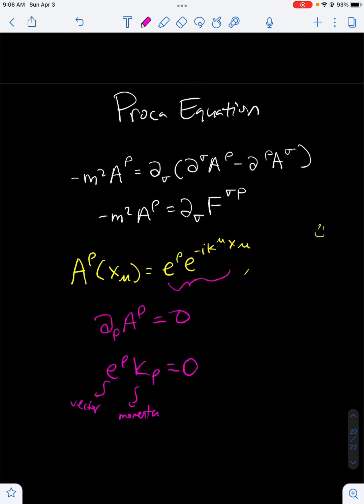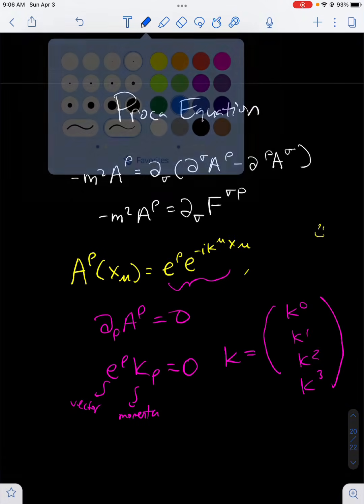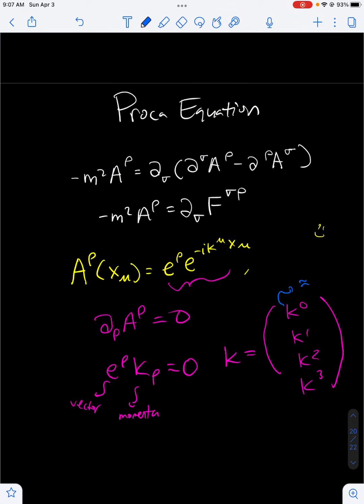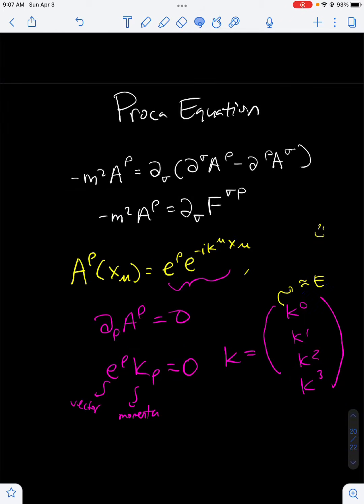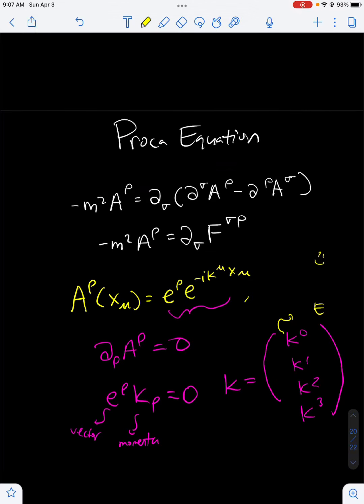So if we can recall, k is just the 4 momentum vector, which is made up of k0, k1, k2, and k3. And k0, the first entry, is related to the energy of the particle, or I suppose the field. Actually, it's proportional to that energy.